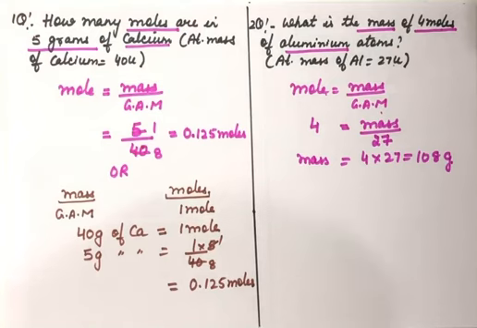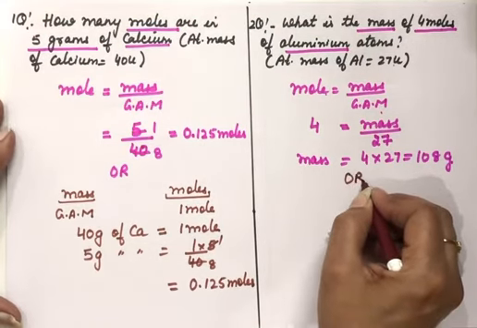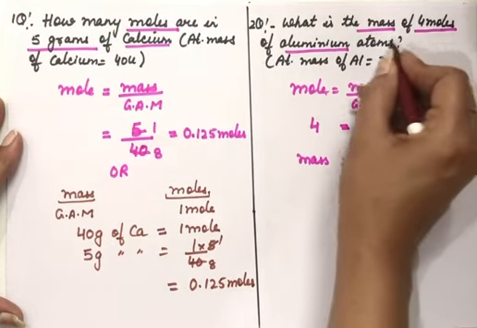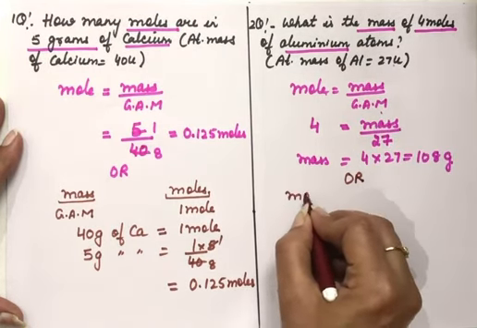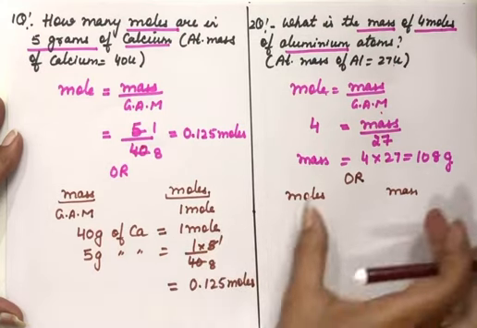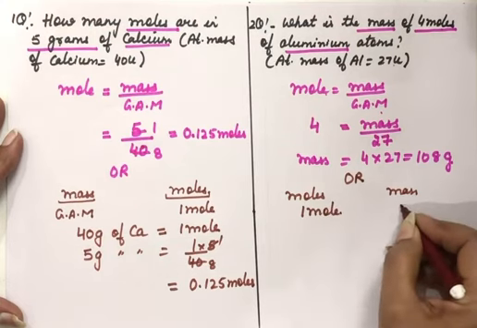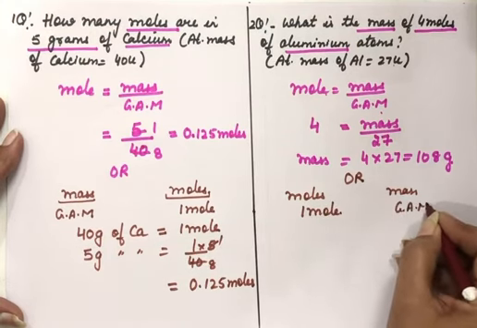So like this we can solve this question. And if we are using the unitary method, now in this case moles are given and mass we have to find out. So moles we write this side and mass we write this side. So it will be opposite to this one now. Now 1 mole is equal to which mass? Gram atomic mass of an element.